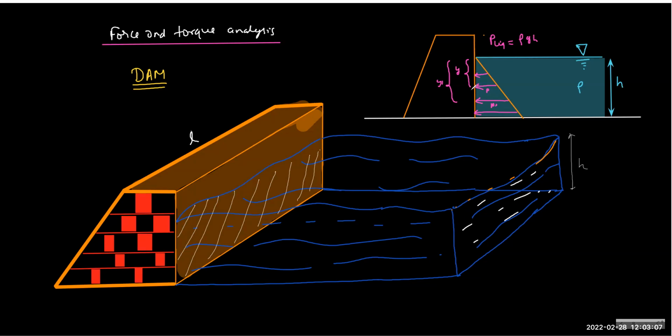And the question is, what is the total force exerted by the liquid on the dam wall? So what is the F liquid?